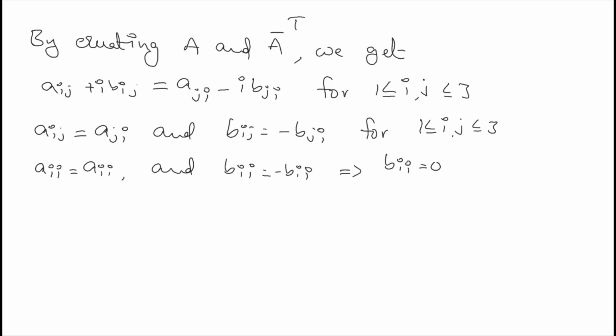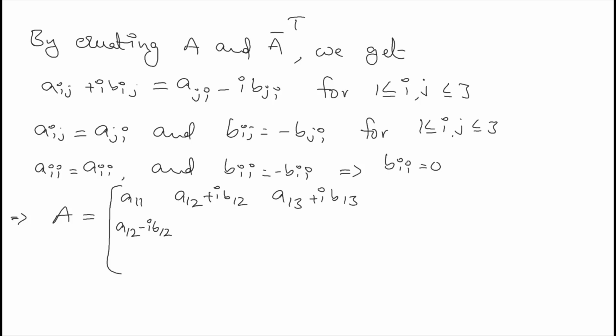So we can write the 3 cross 3 matrix A as: first row A11, A12 plus iB12, A13 plus iB13; since A21 is nothing but A12 and B12 is minus B21, the second row is A12 minus iB12, A22, A23 plus iB23; and the third row becomes A13 minus iB13, A23 minus iB23, and A33.